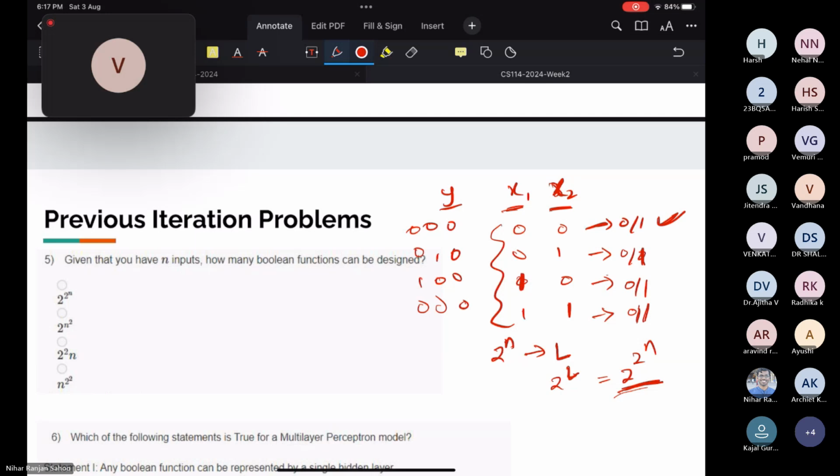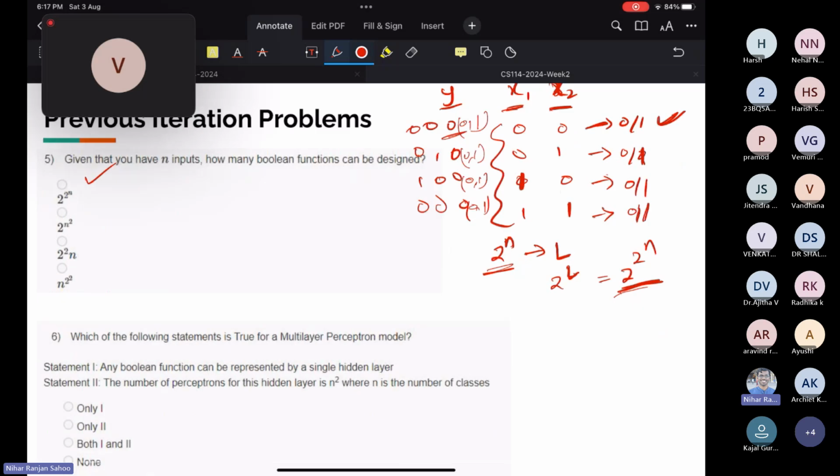We don't know which Boolean function they represent, whether one of the standard ones like AND or XOR, or some other non-standard Boolean relationship. Every y value has 2 possibilities, 0 and 1. There are 2 to the power n inputs, and every input will have 2 possibilities. That's why it is 2 to the power 2 to the power n. So the option should be 1.